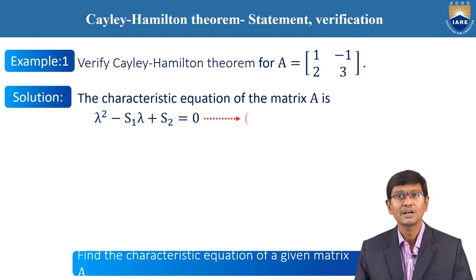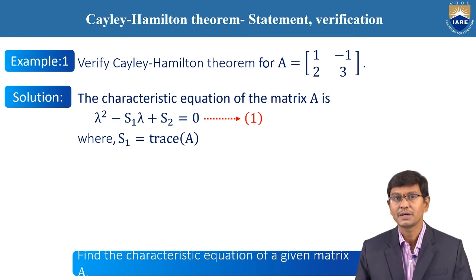We need to find the S1 value and the S2 value. S1 is the trace of the matrix, which is the sum of the diagonal elements. Here the diagonals are 1 and 3, so the trace is 1 plus 3 equals 4.